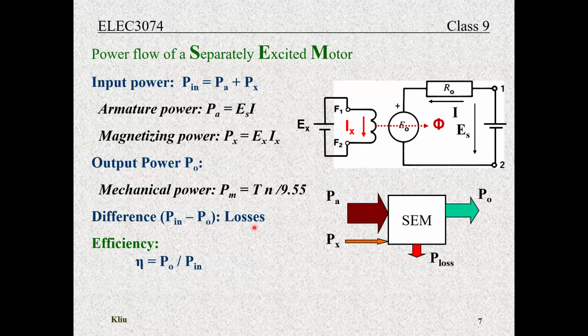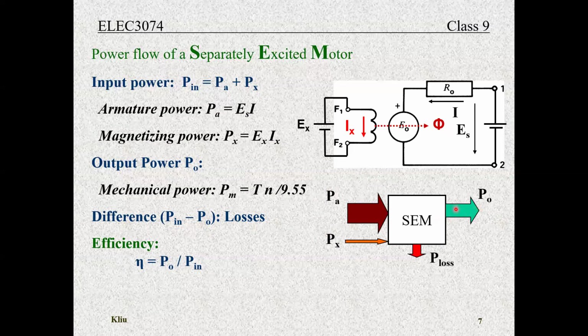Now, when we want to calculate the efficiency, again here, armature power plus the field power is the input power, and those are electric power.